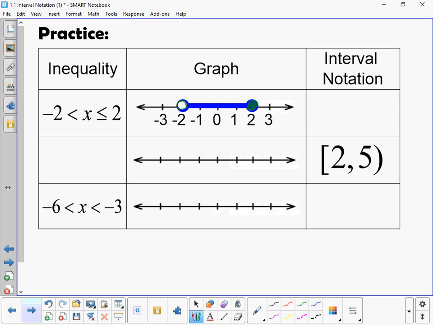For interval notation, you can almost think of it like reading that picture from left to right, just like a sentence. It starts at -2, goes up to +2, and we are including the +2, so we use the square bracket on the right, and it didn't include the -2, so we use the parenthesis on the left.